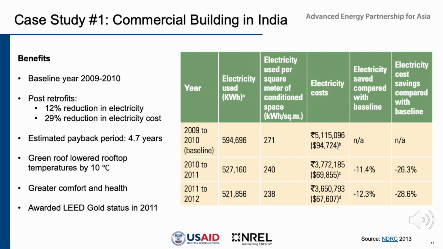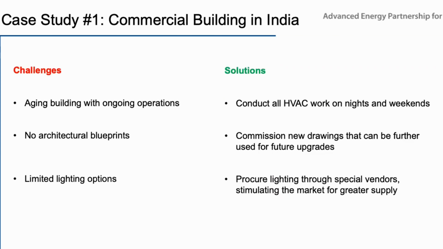But the efficiency upgrades were not without their own challenges. For example, this was an aging building, but it had ongoing operations, and the company could not afford to shut down operations and move to another location while the upgrades were being performed. So they focused all of that work on the heating, ventilation, and air conditioning system at nights and on weekends.